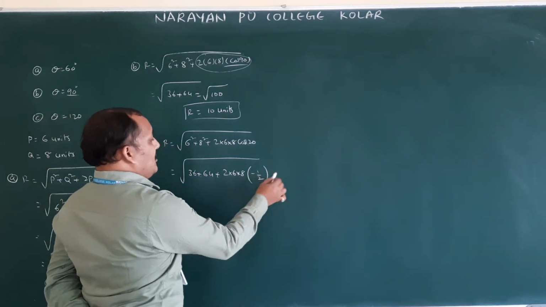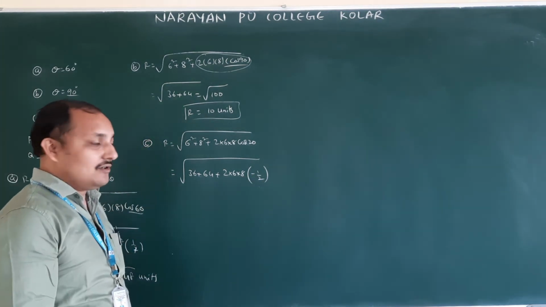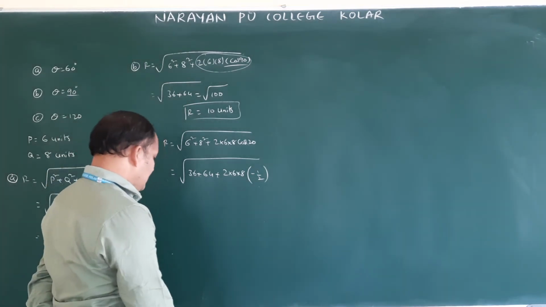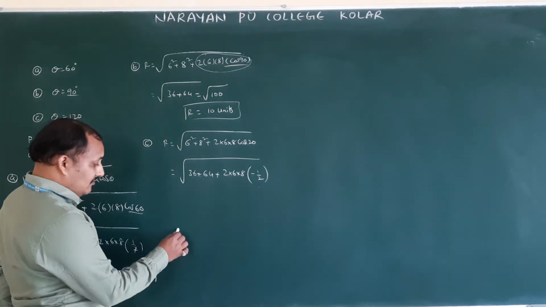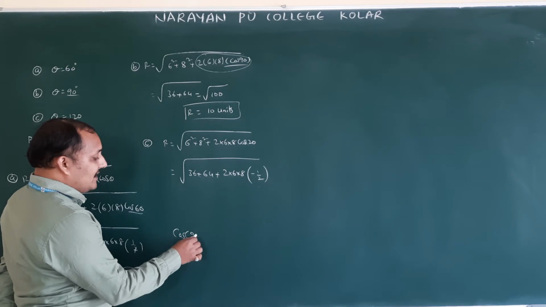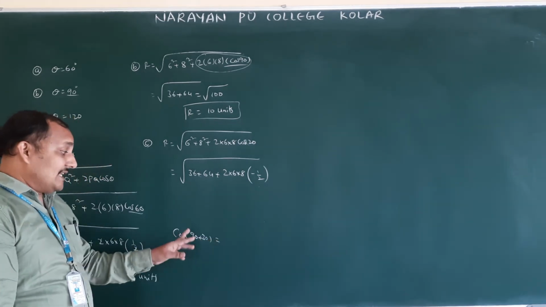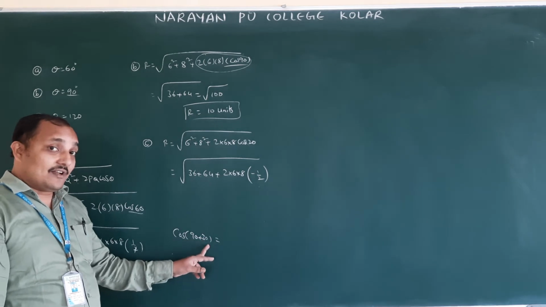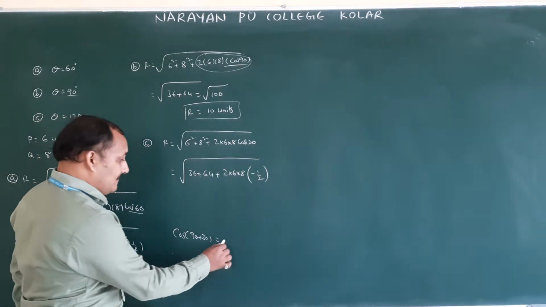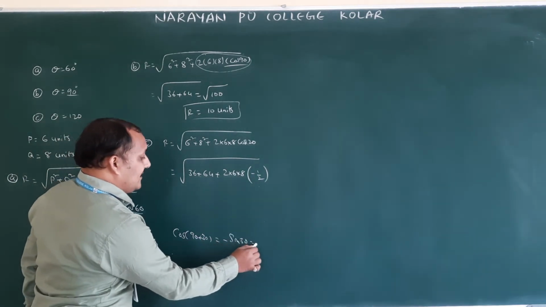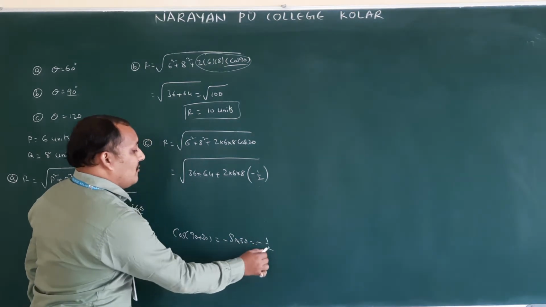Minus 1 by 2. That is also trigonometry. If you forgot, the cos A plus B formula you have to know. So cos 120 can be written as 90 plus 30. For cos 90 plus theta, the formula is minus sin theta. So minus sin 30, and sin 30 value is 1 by 2.